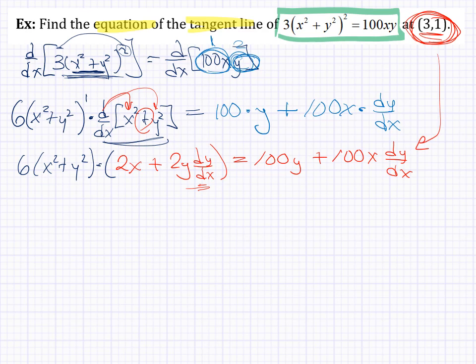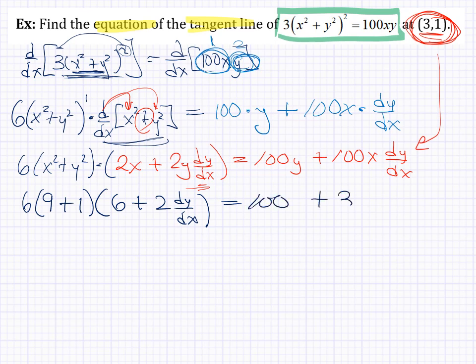So if I plug 3 and 1 in for x and y, I would have 6 times 9 plus 1 times 6 plus 2 dy dx equals 100 plus 300 dy dx.